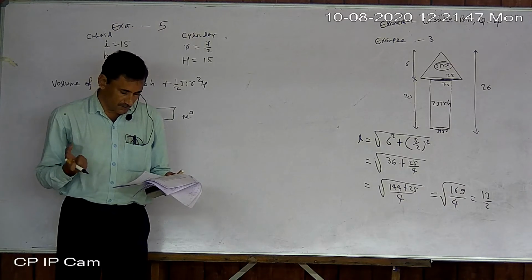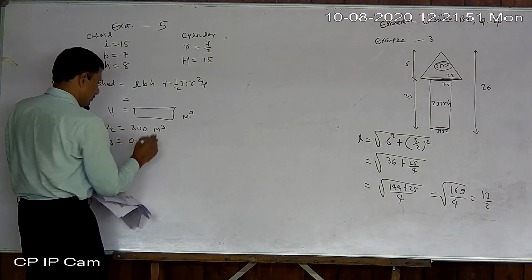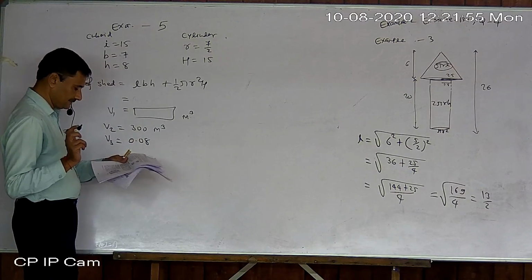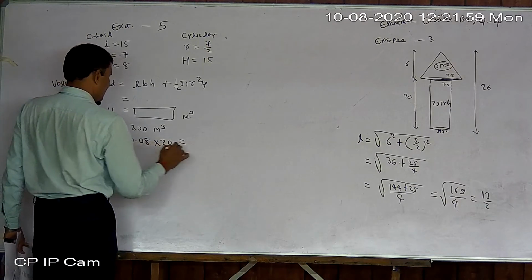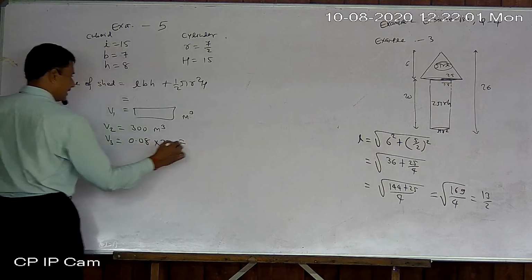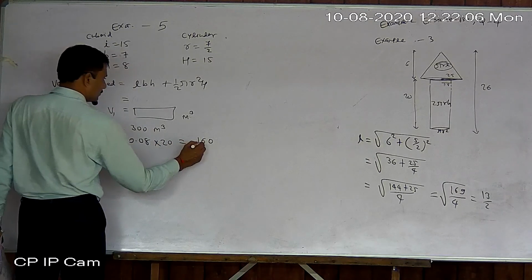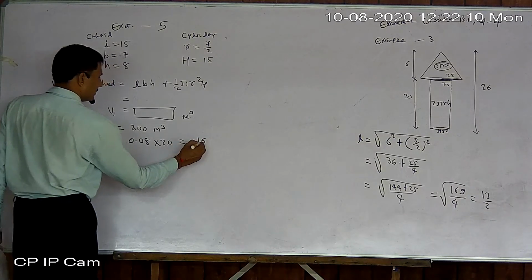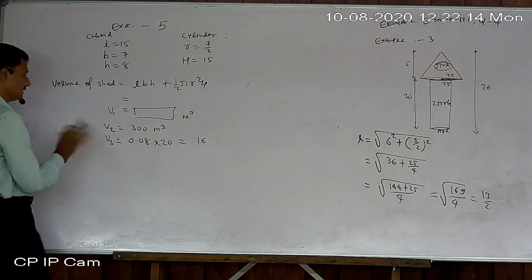And each worker occupies 0.08 meter cube. And there are 20 workers. So obviously it will be 20 times 8, 160. Okay, and so it will be 1.6 or 1.60, whatever you say. No need to write the 0 here. If you write, that is the same only.